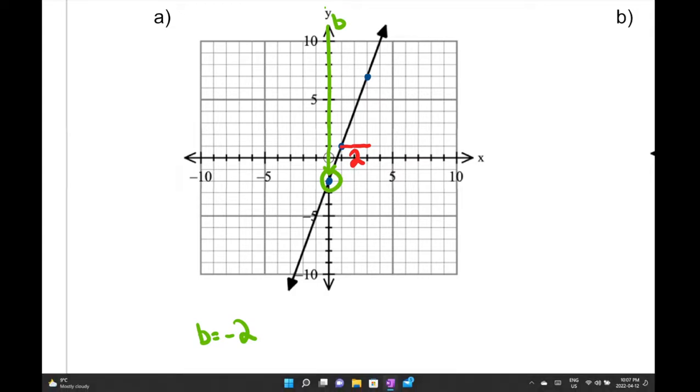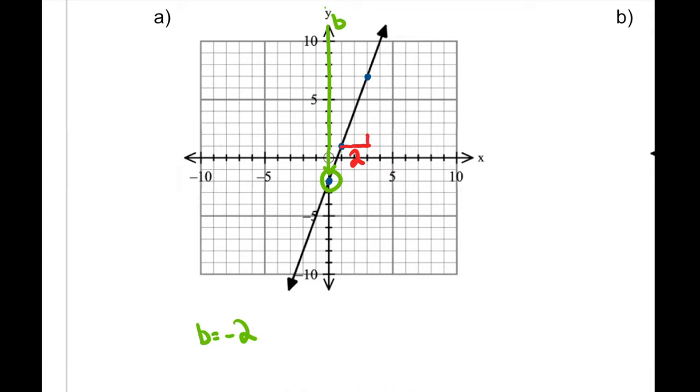To go to the next point, I have to go up 1, 2, 3, 4, 5, 6. So I have to go up 6. That means for my multiplier, if I use our new formula of rise over run, my multiplier is going to be 6 over 2, which I can reduce to 3.